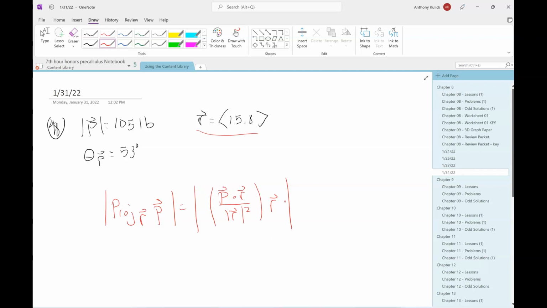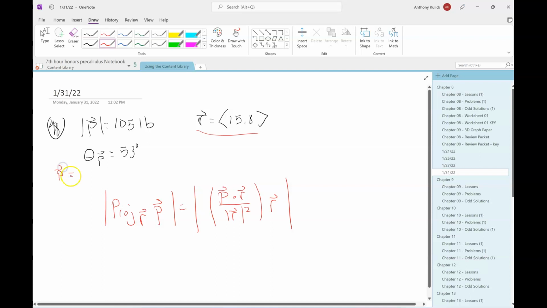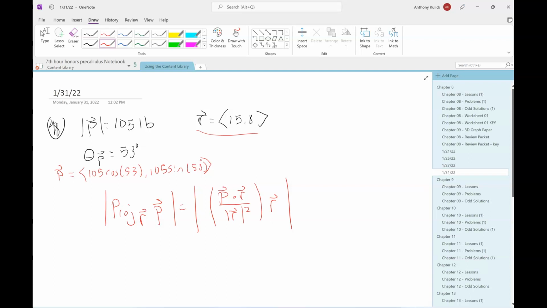In order to do anything with this, we got to really start by putting P into component form. So let's do that next. So far, so good. All right. And at this point, it's basically just calculator time.